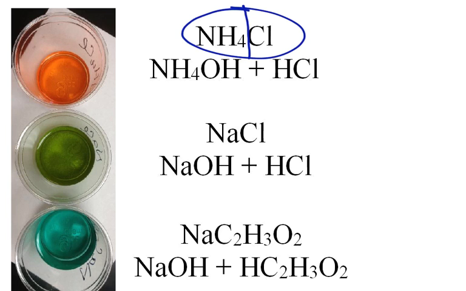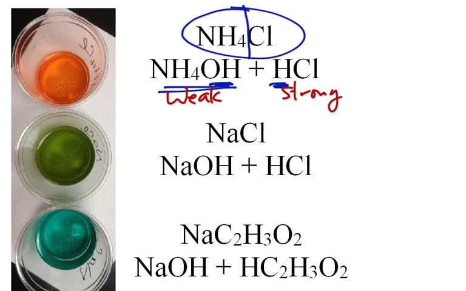The positive ion, the cation, used to be part of a base, so just add an OH onto that ion. In the same way, the negative ion in your salt used to be part of an acid, so add an H onto that. If we do that, we see that here we have a weak base, ammonium hydroxide, and we have a strong acid.